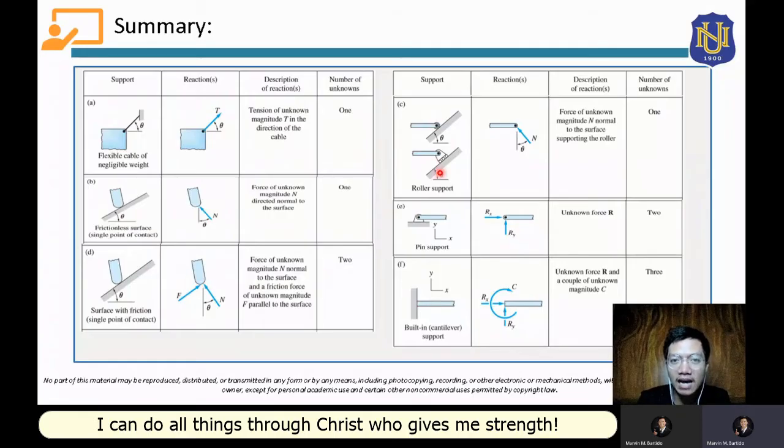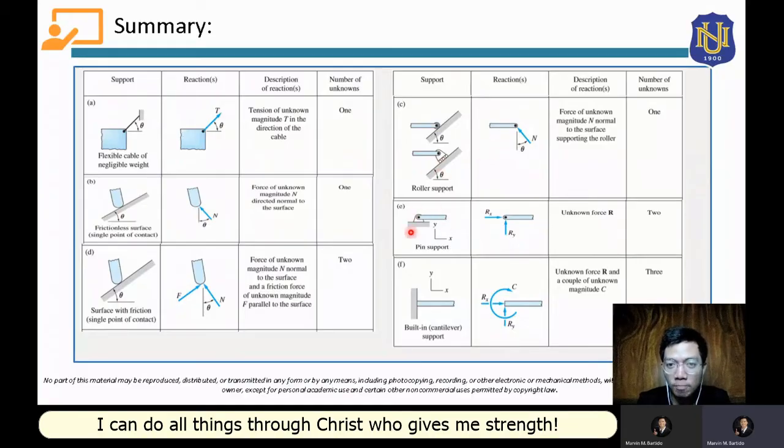For roller support, it's equivalent to a frictionless surface. So there will only be one reaction force here, which is a normal force, and the point of application is at the point of contact of the roller and the surface, and it is perpendicular to the surface.